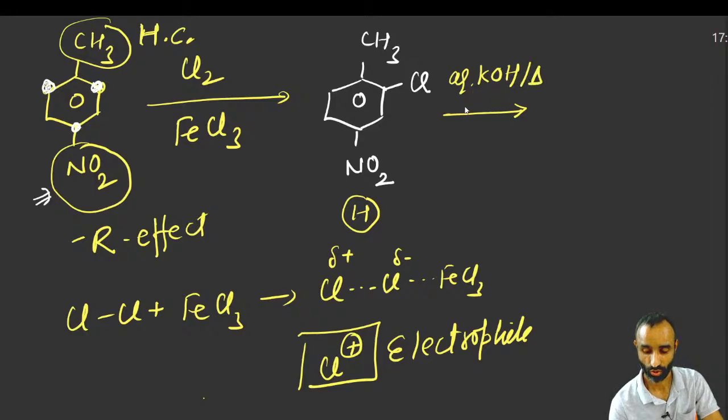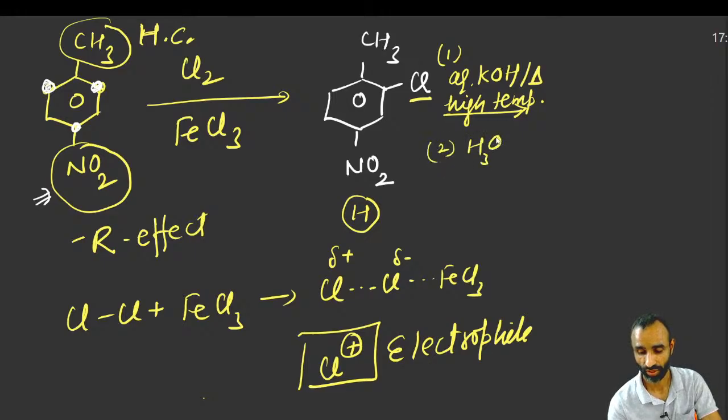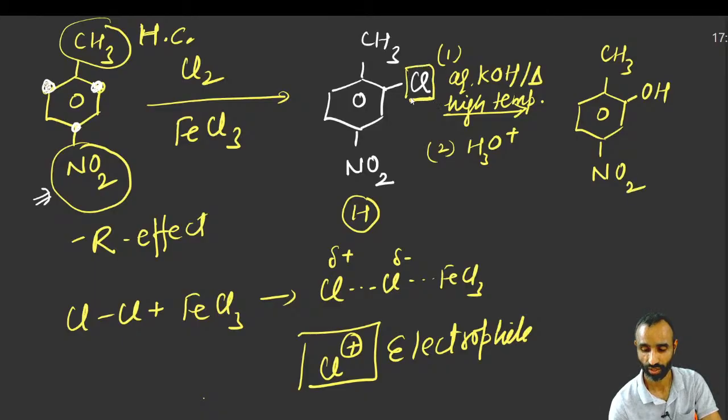So aqueous KOH on heating at 623 Kelvin temperature and 300 atmosphere pressure. So instead of Cl we get OK, and then on hydrolysis we get OH. So we get CH3, OH, and NO2. Otherwise, this reaction is very difficult to take place.